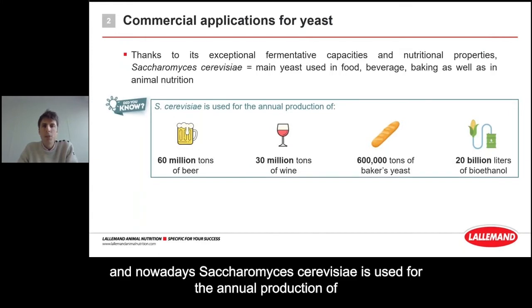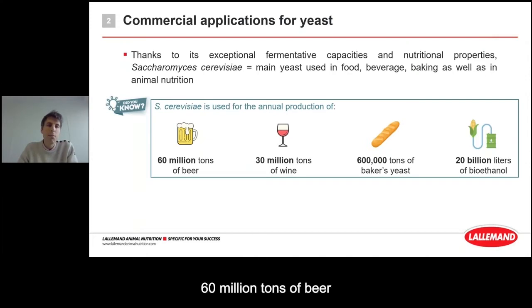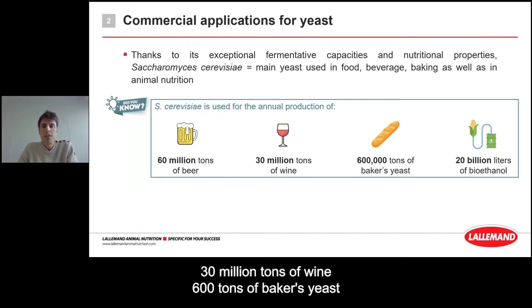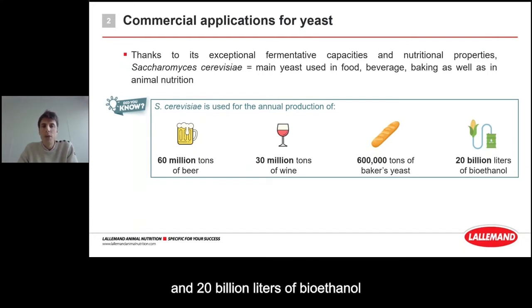And nowadays, Saccharomyces cerevisiae is used for the production of 60 million tons of beer, 30 million tons of wine, 600 tons of baker's yeast, and 20 billion liters of bioethanol.